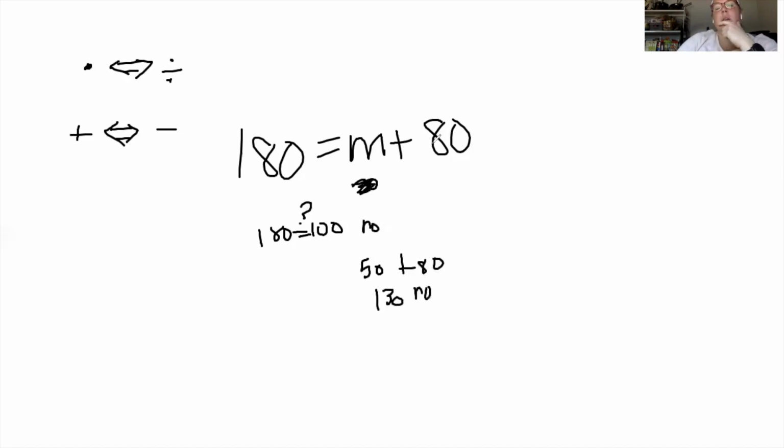So what we want to figure out is about 100, right? This should be 100. 100 plus 80 is 180. But we could also subtract. If we subtract 80 from both sides, because that's the opposite of addition, we see that 180 minus 80 is equal to 100.